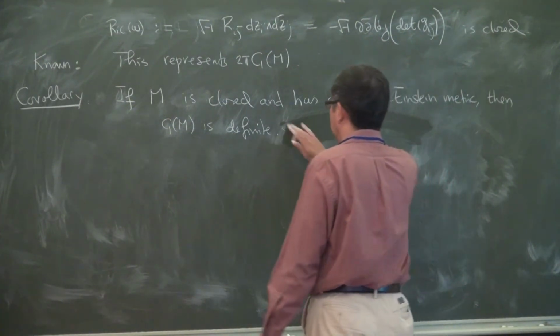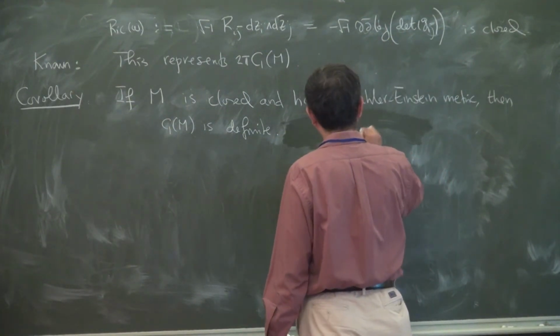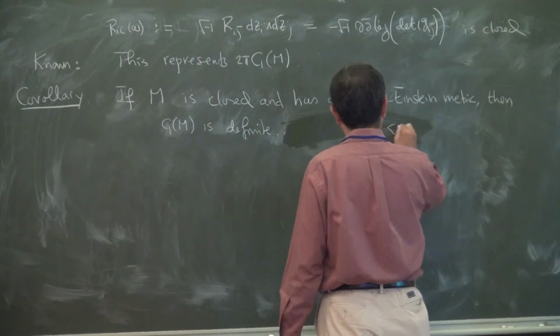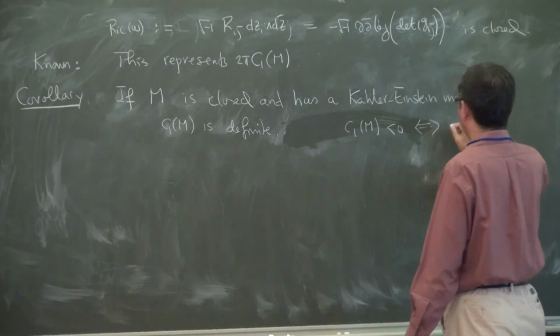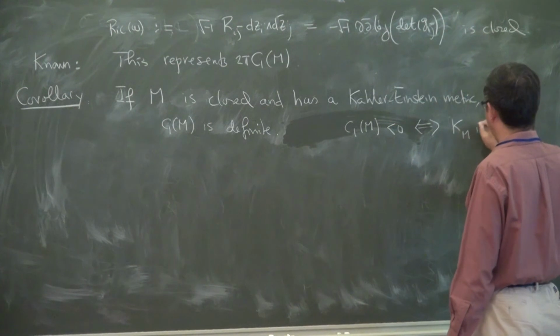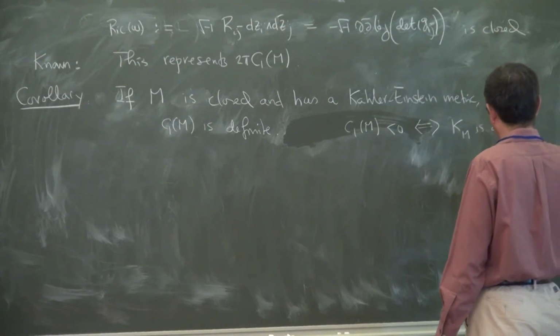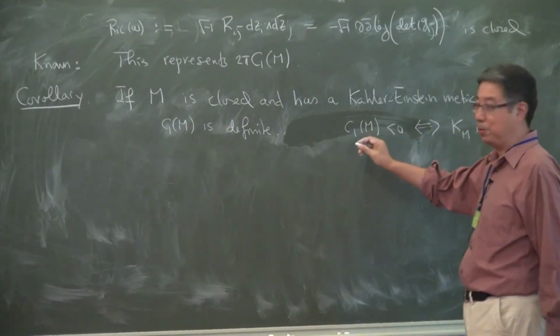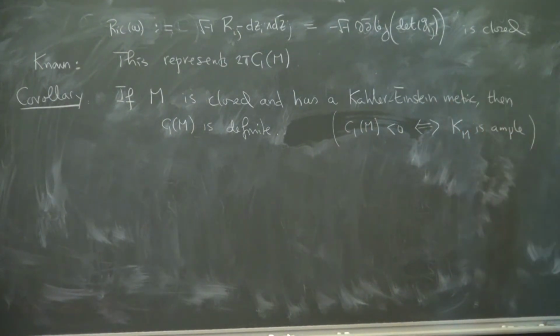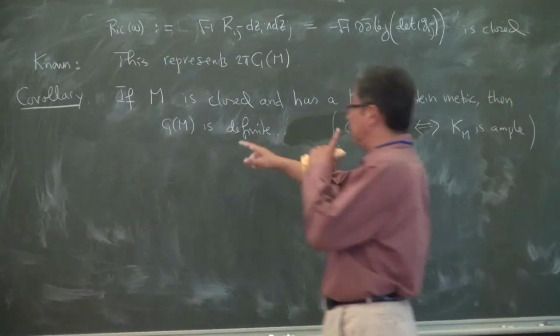Globally, this is equivalent to saying the canonical line bundle is ample, if you know these algebraic things.